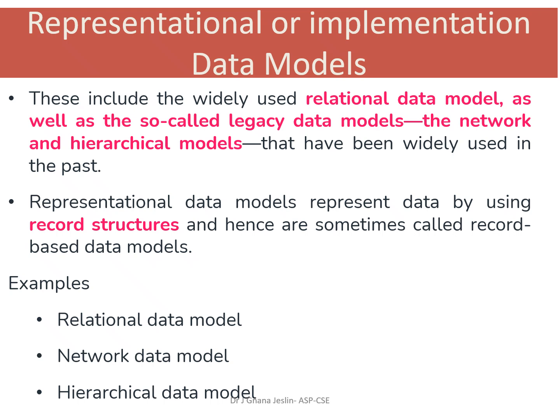These include the widely used relational data model as well as the legacy data models like network and hierarchical. The representational data model represents data by using record structures. Examples are the relational data model, network data model, and hierarchical data model.